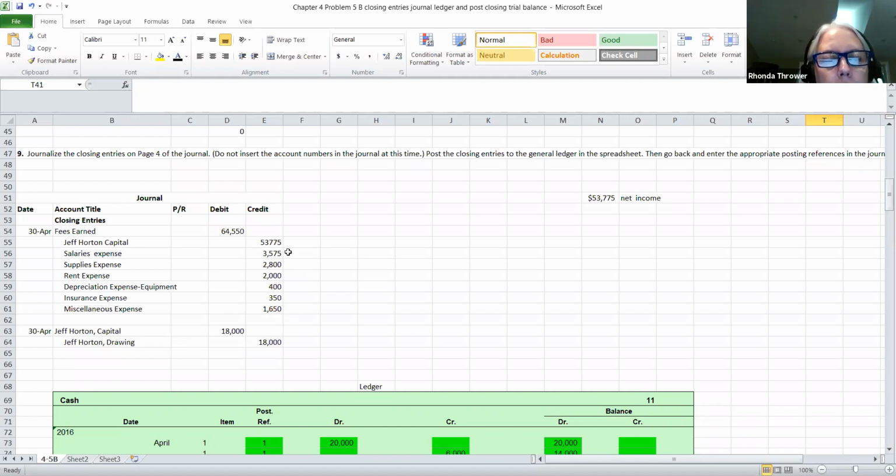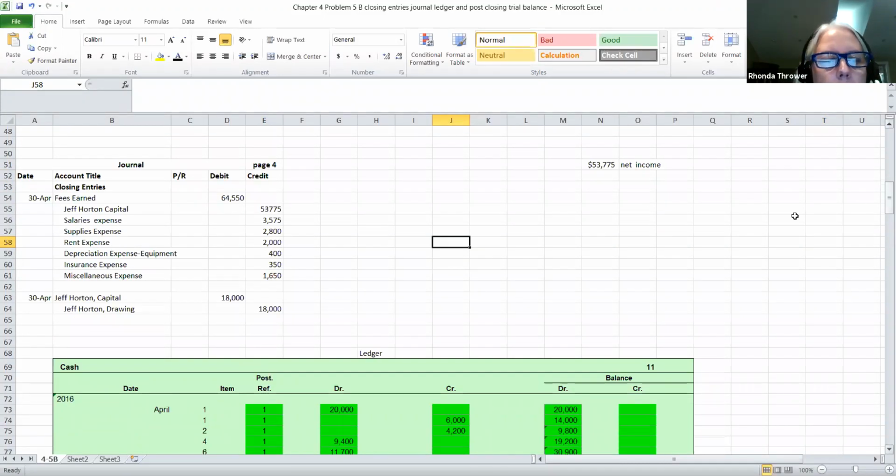Now, what you should do once you have these entries in the journal, we're going to post them to our ledger. So I'm going to look for my fees earned account. And by the way, this journal is page 4.